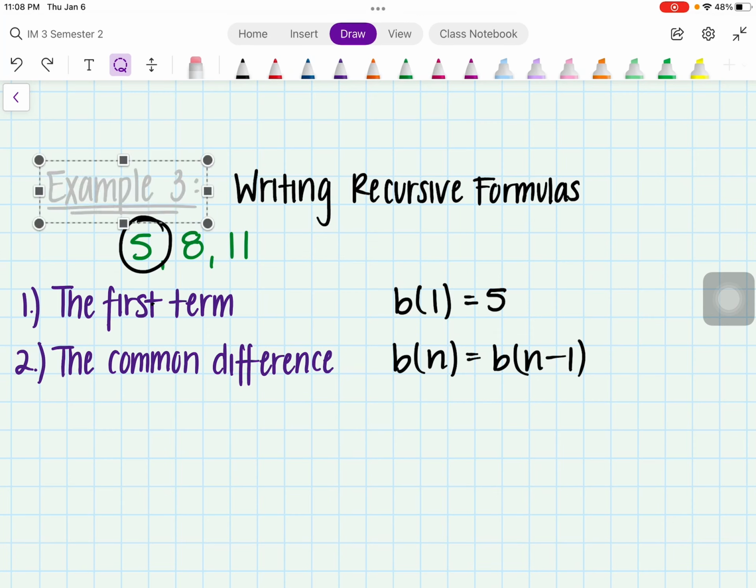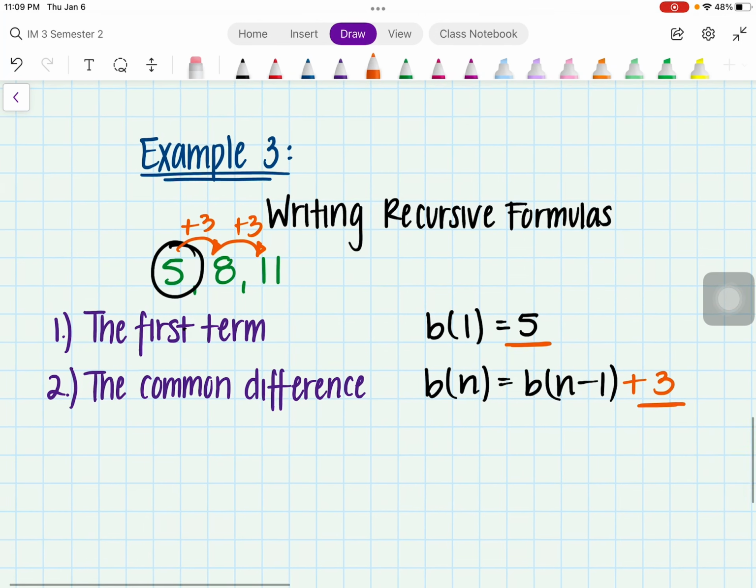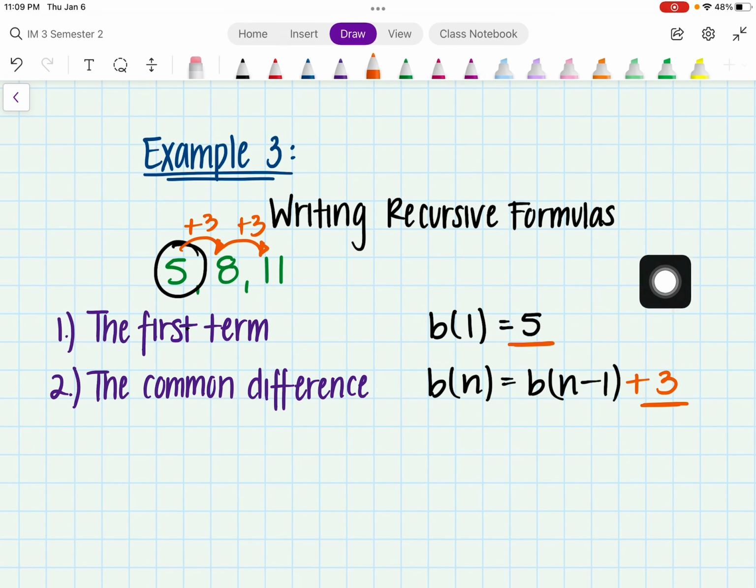From one point to the other, let me move this up. So from here to there, we're adding 3. Here to there, we're adding 3 again. So in this case, I will have to put a plus 3 there. So my answer here would be 5, which is the first term, and 3, which is a common difference. And this is actually how you'll be seeing that on Khan.